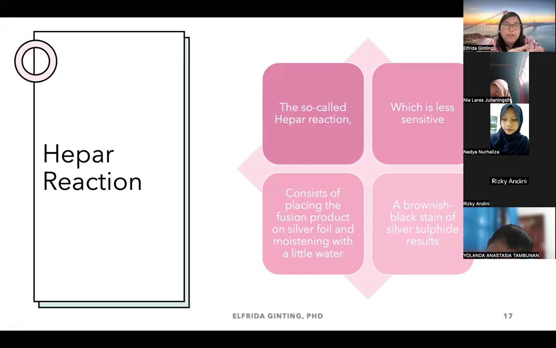We put a little bit of water on the silver foil so that the silver foil will be moistened. And then once we mix the silver foil and the fusion product, it will have a brown black stain. The brown black stain is identified as silver sulfide.